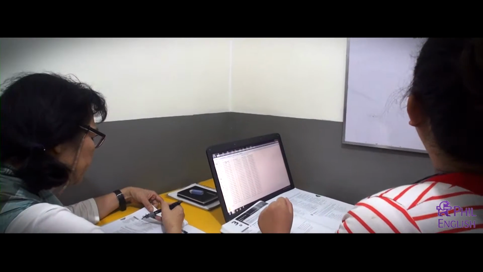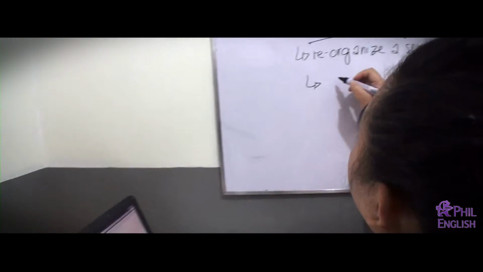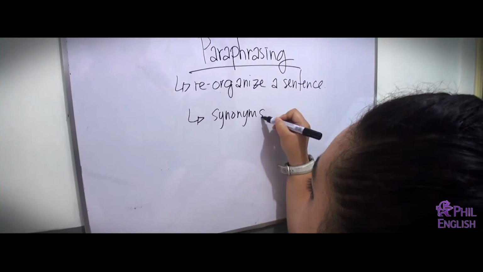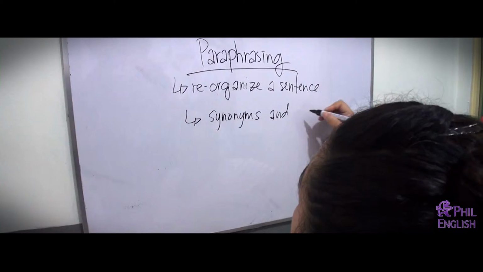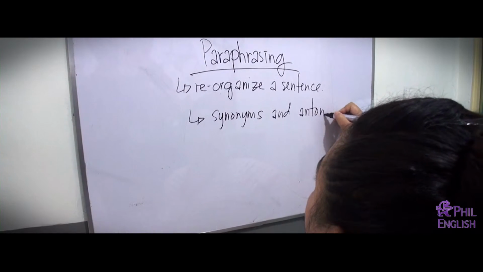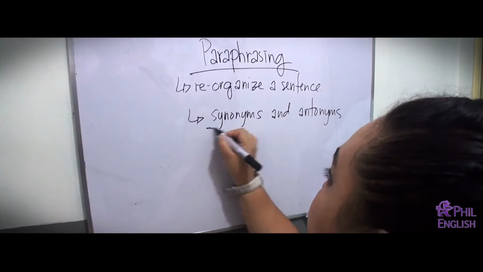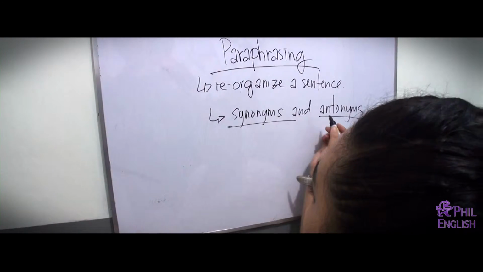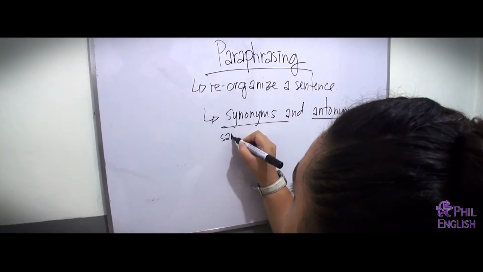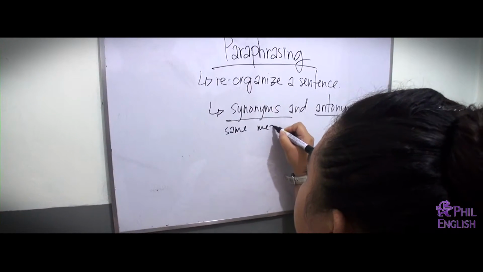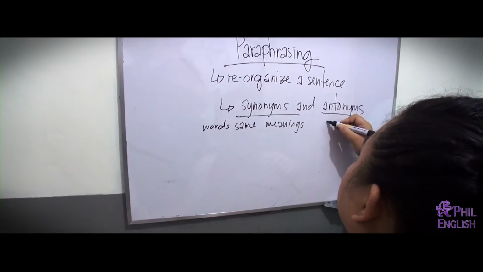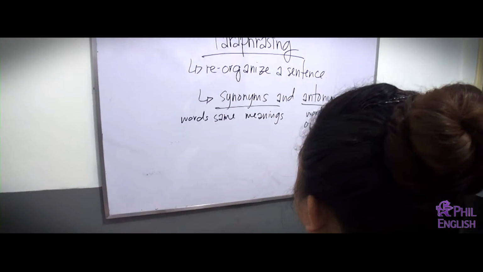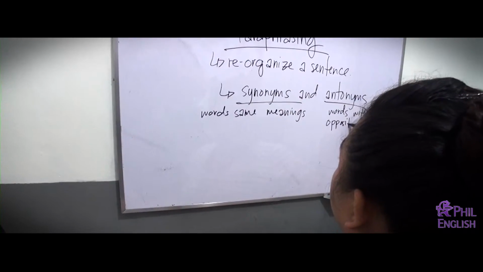Okay? So in paraphrasing, we also have what we call synonyms and antonyms, right? So these are part of the basic English studies. When we talk about synonyms, these are words with the same meanings. This one are words with opposite meanings, right?